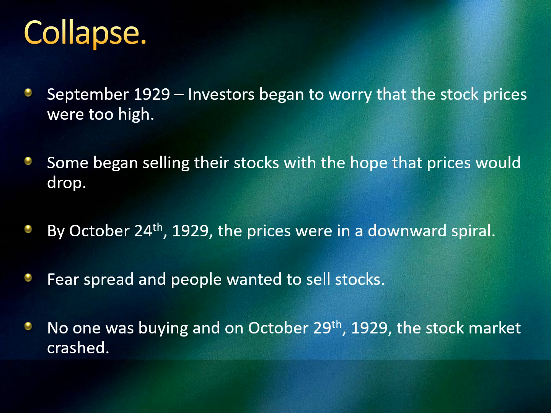Since everyone is selling and no one is buying, on October 29th, 1929, the stock market collapses, and this leads to what will become known as the Great Depression.